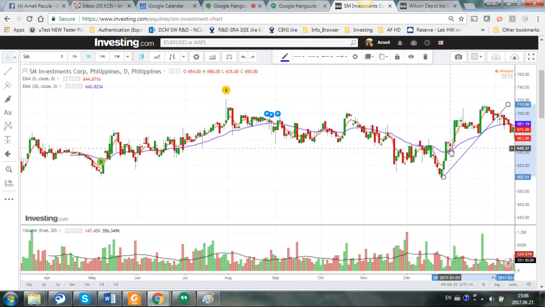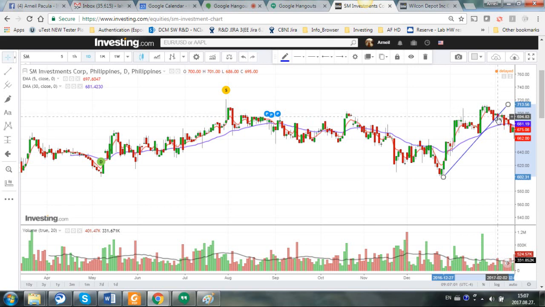Buying point. Then, okay, nag-up siya. Okay, dito, nag-down. Pero very close na siya sa, nag-create siya ng higher low. So, ngayon, pwede ka mag-create ng trend line. So, in that case, sasabihin mo na, as long as the price is above this trend line, I will not sell. Now, ngayon, nag-cross siya.